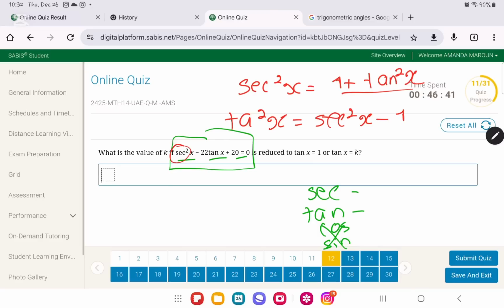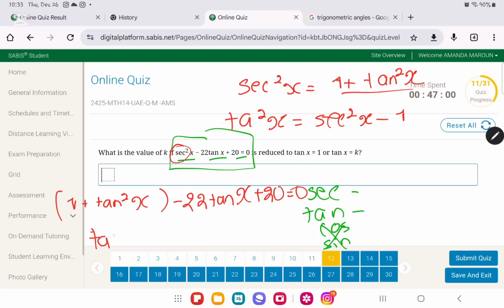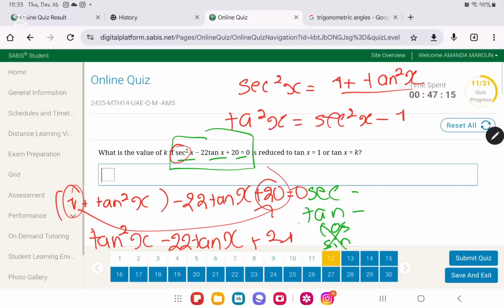So secant squared x becomes 1 plus tangent squared x, minus 22 tangent x plus 20 is equal to 0. So then that leaves us with tangent squared x minus 22 tangent x plus 21, because it is 1 plus 20, is equal to 0.